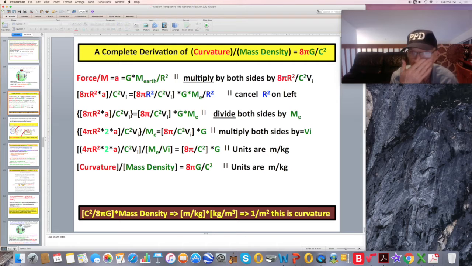So we're multiplying in this case both sides by 8 pi r squared divided by c squared divided by the initial volume, V_i. And I put the little i in there also to distinguish it from velocity. So when you see the little V_i, initial volume.